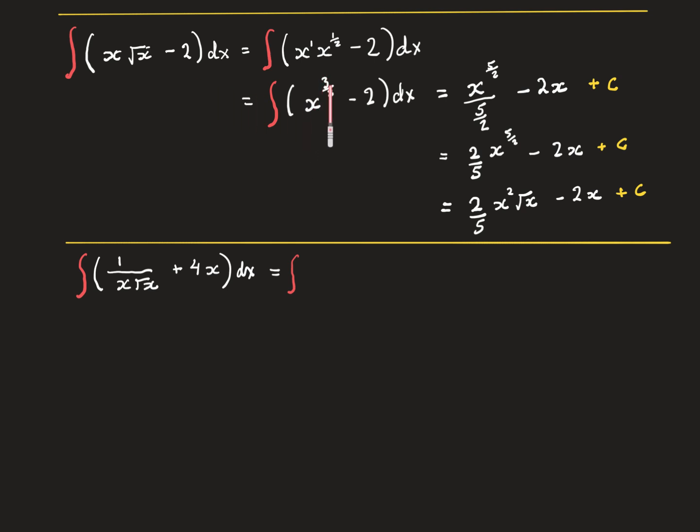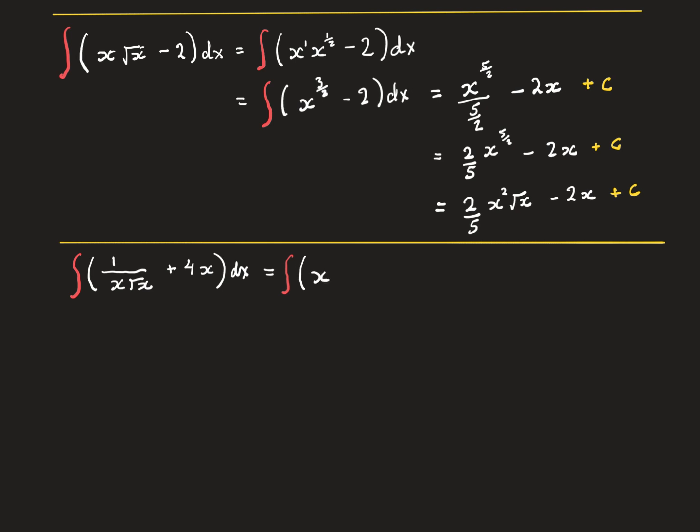It's x to the 3 on 2. And if I want to move it up to the numerator, it'll just become x to the minus 3 on 2 plus 4x. Now we can integrate this, and remember that we're adding 1 to the exponent.